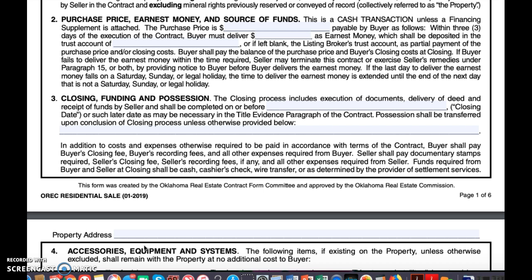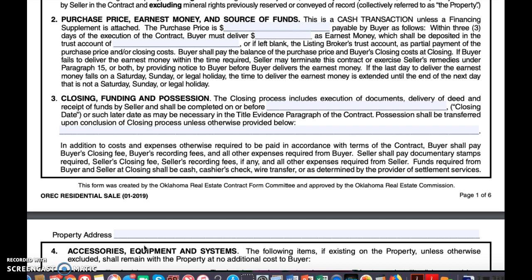The closing process includes execution of documents, delivery of deed, and receipt of funds by seller, and shall be completed on or before blank date, closing date, or such later date as may be necessary in the title evidence paragraph of the contract. Possession shall be transferred upon conclusion of closing process unless otherwise provided below. There's a blank line.